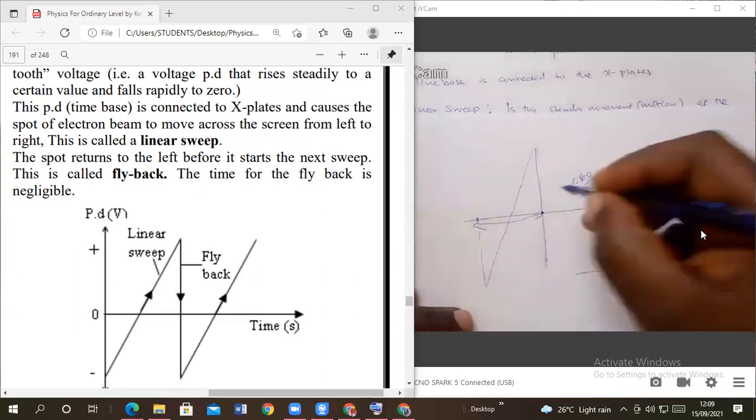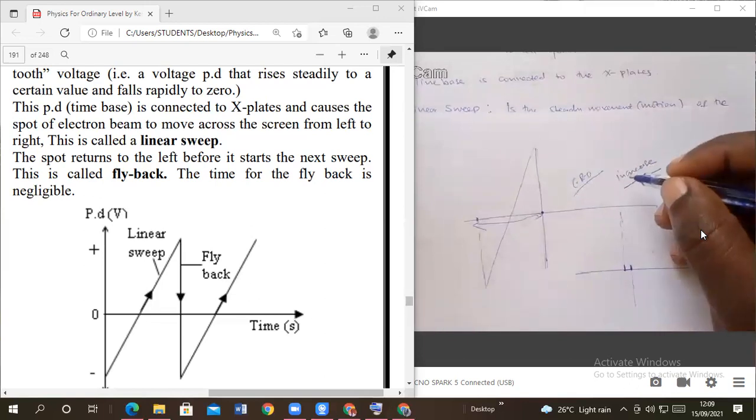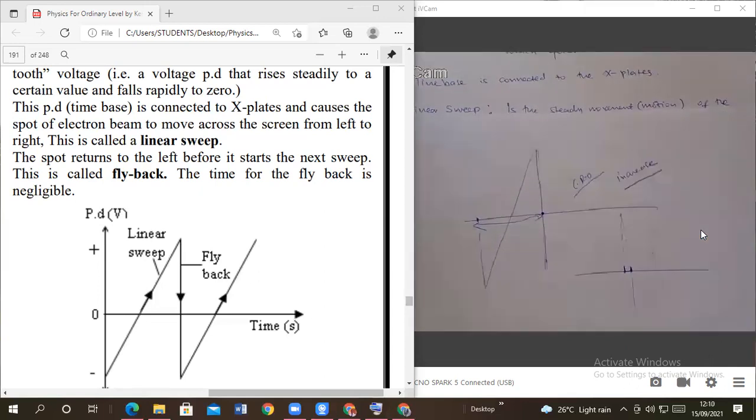That means that during the fly back, we expect the brightness of the spot to reduce, because the grid automatically adjusts its negative potential to a high value such that most of the electrons are repelled back into the cathode and just a few are allowed to go through the anode to the fluorescent screen.